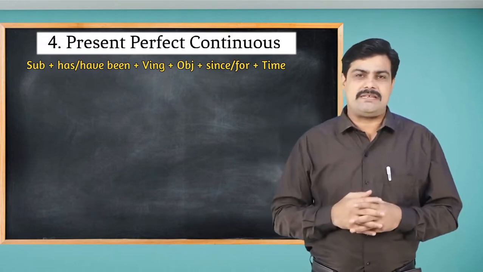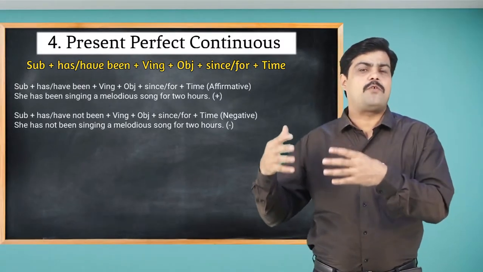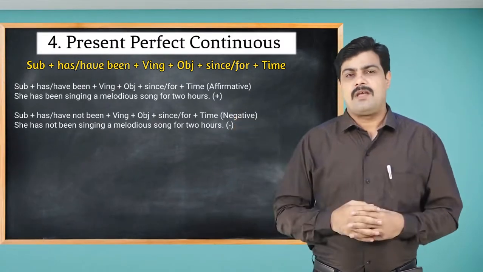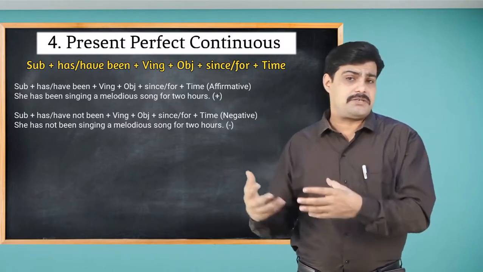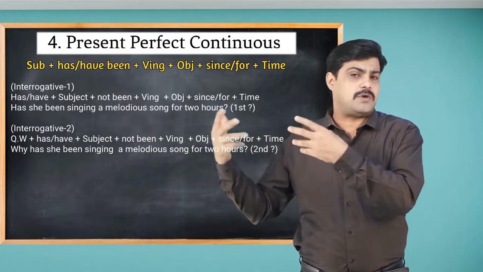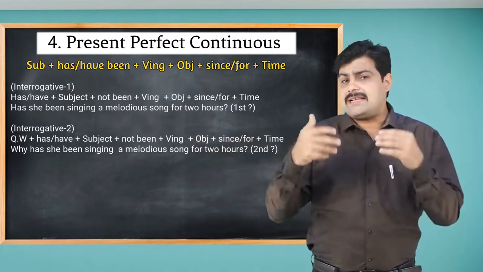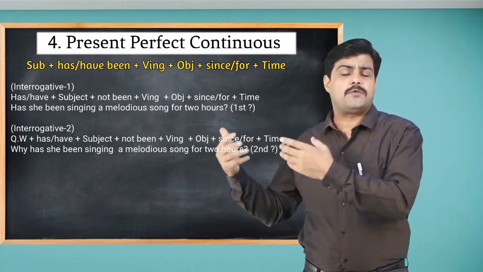Now let's see the sentence. She has been singing a melodious song for 2 hours. She has not been singing a melodious song for 2 hours. Has she been singing a melodious song for 2 hours? Why has she been singing a melodious song for 2 hours?